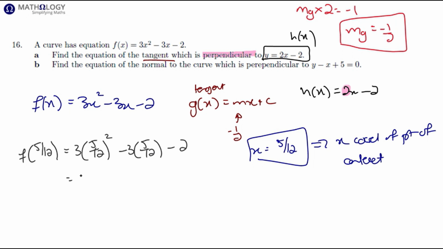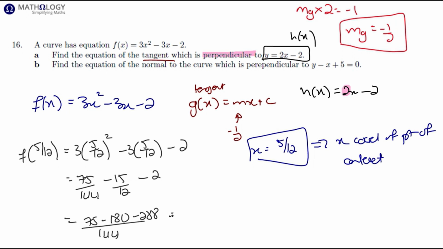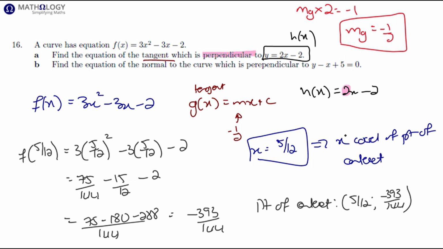That's going to be 75 over 144 minus 15 over 12 minus 2. Minus 393 over 144. So the point of contact will be 5 over 12, minus 393 over 144.